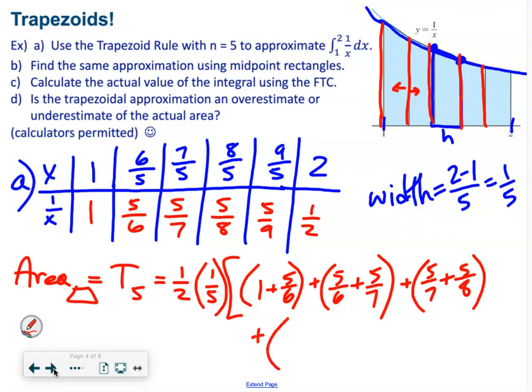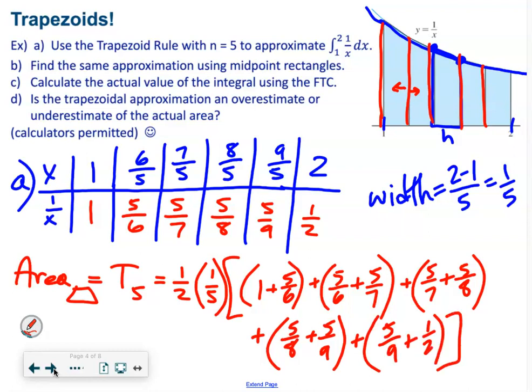The next one, 5/8 plus 5/9. And the next one, 5/9 plus 1/2. How many trapezoids were we supposed to have? 5. That's okay. Always check to make sure I have 5 sums of heights, right?